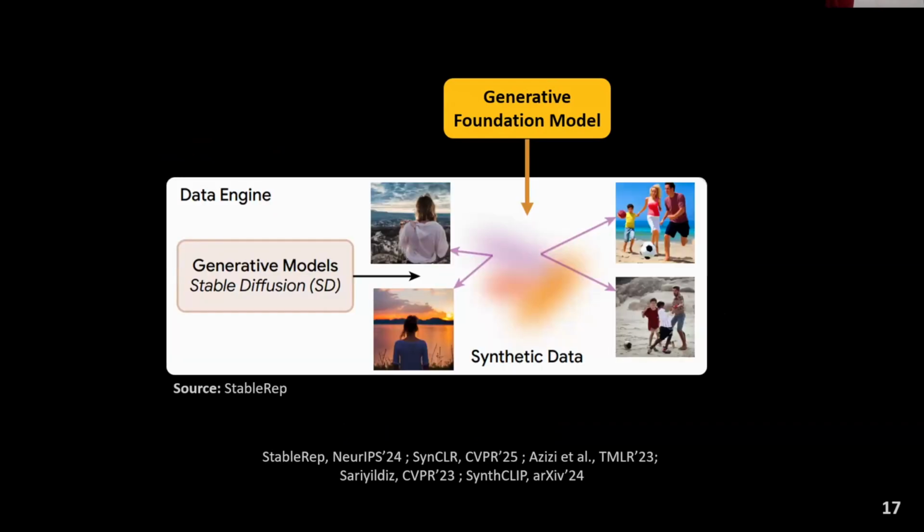I wanted to introduce another way of benefiting from foundation models. What generative foundation models are very good at is generating very high quality, quite realistic images. This has been used in a number of works that you can see below for training models that were shown to perform almost equal, sometimes even better than a model trained on real data.